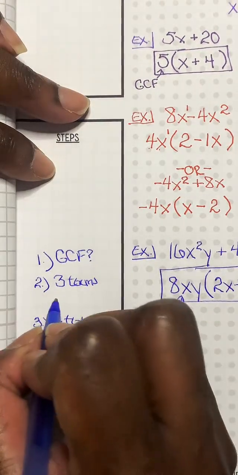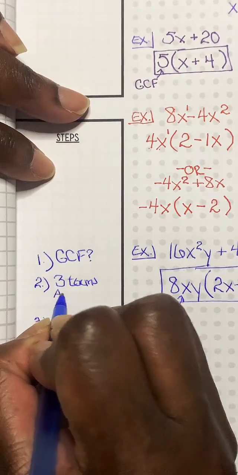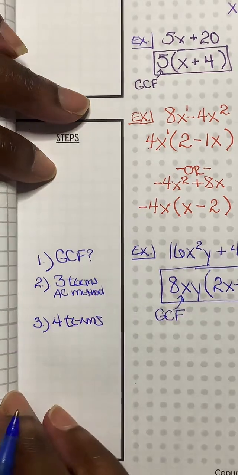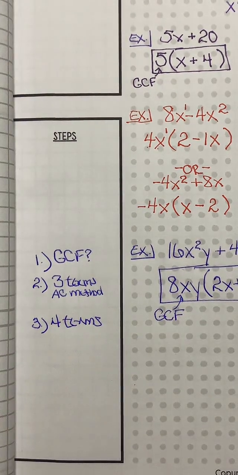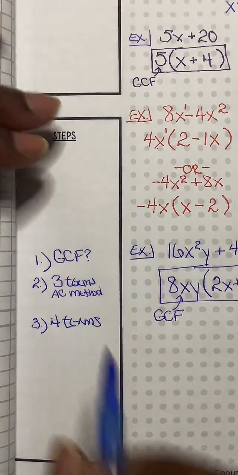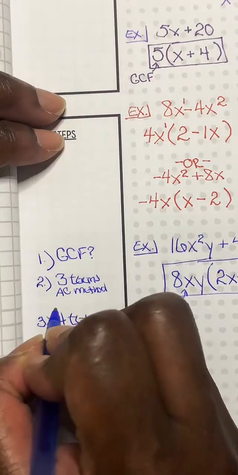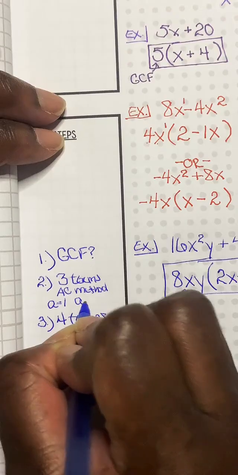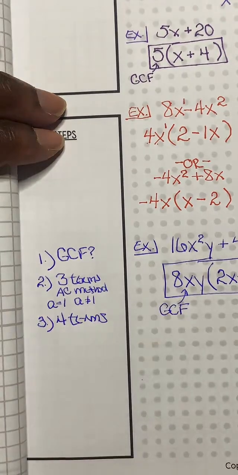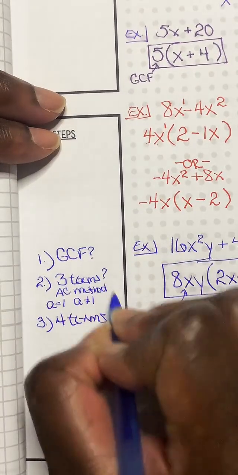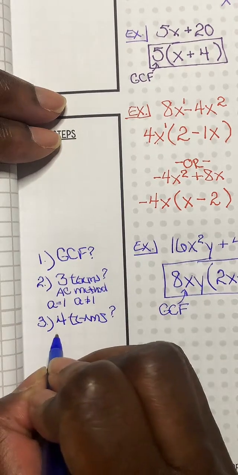The 3 terms is a trinomial, and this is when you can solve using the AC method, or some people like to do another method I saw, but I don't know what the name of it is, but it might be the same thing. This is when your leading coefficient is either equal to 1 or not equal to 1. If you have 4 terms, you're going to do it by grouping.